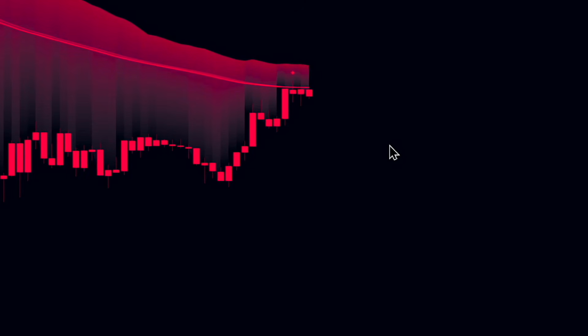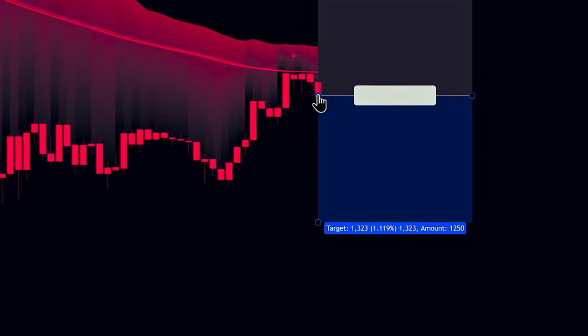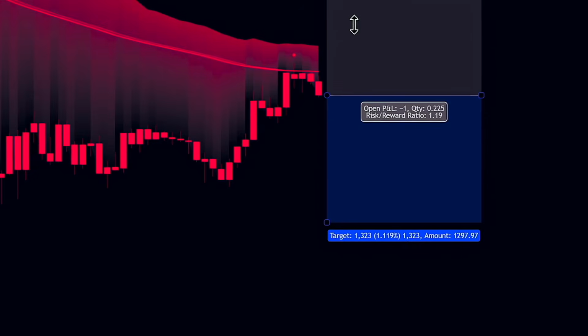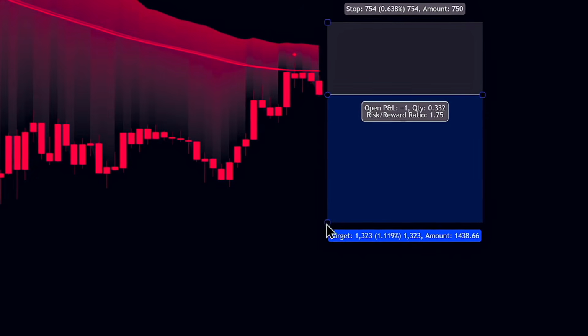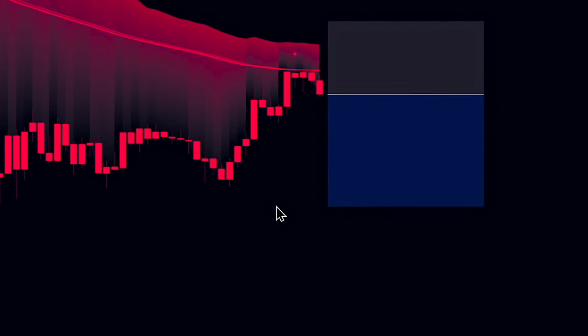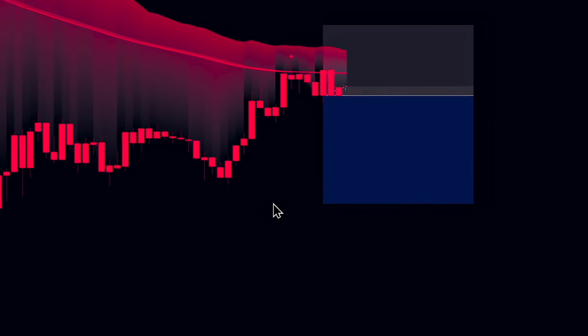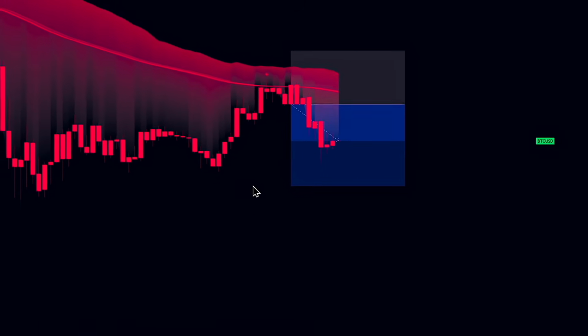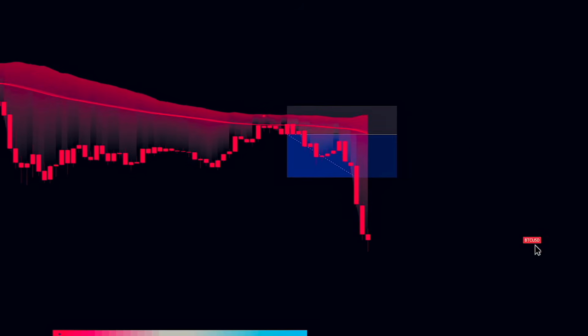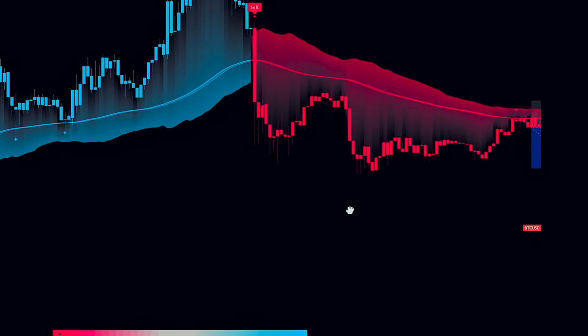A bearish engulfing candle works perfectly here. Enter at the close of that candle, place your stop loss above the pullback high, and target 1.5 times your risk. This is how you avoid chasing moves. You let the system define the regime first, then use pullbacks into the baseline for controlled entries.